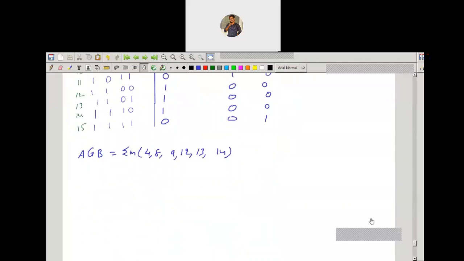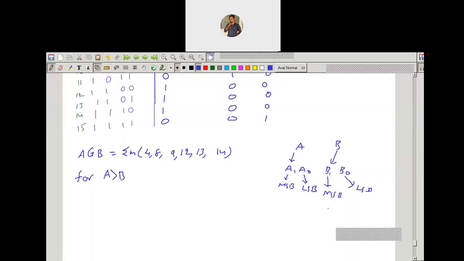If I write A more than B, to get A value more than the B value: A is a 2-bit number, so it has A1 A naught, where A1 is the MSB and A naught is the LSB. Coming to B, we have B1 B naught, where B1 is the MSB and B naught is the LSB.